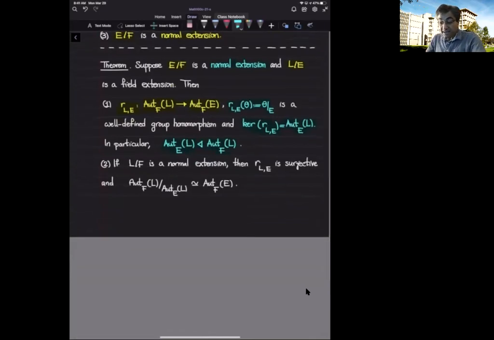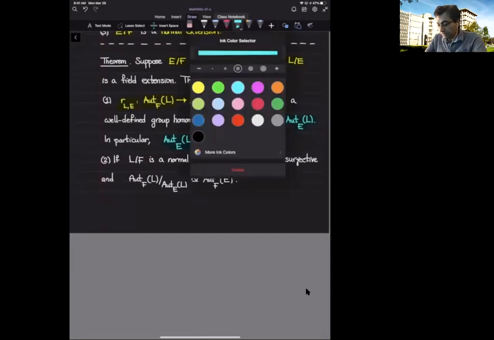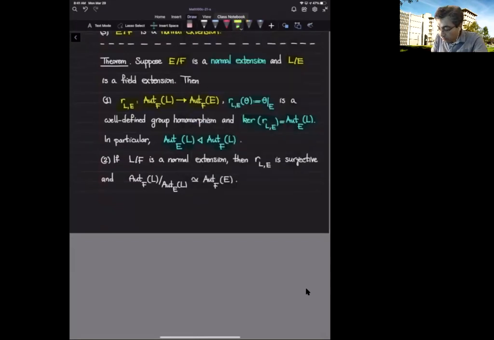Now, the next question we can ask ourselves is, now that we understand the kernel of this group homomorphism, how about the image? We proved that if L over F is a normal field extension, not over E, but rather over F, then this restriction map is surjective.